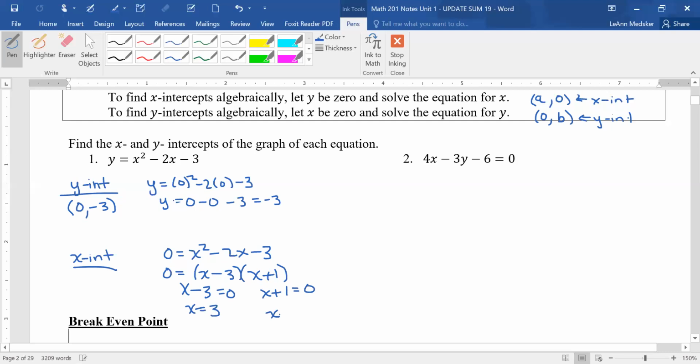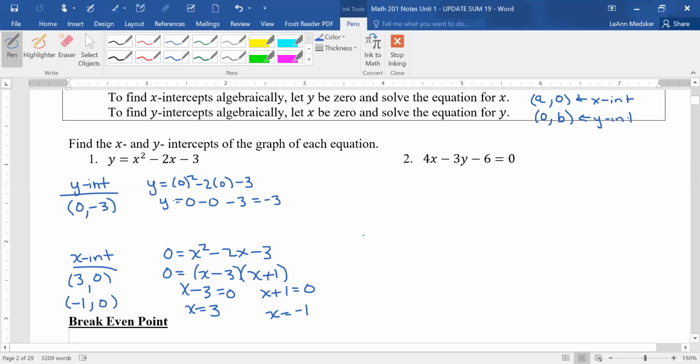So if it's been a while since you took Math 136, or you tested into this class somehow and didn't take Math 136, then you will want to probably brush up on your factoring sooner than later. So 3 and negative 1 were two separate x values that we found, and the y value both times is 0. So there are my intercepts for number 1.